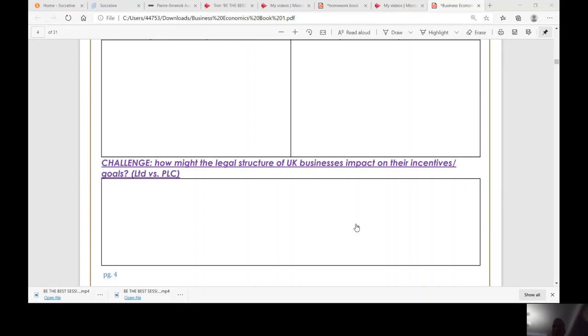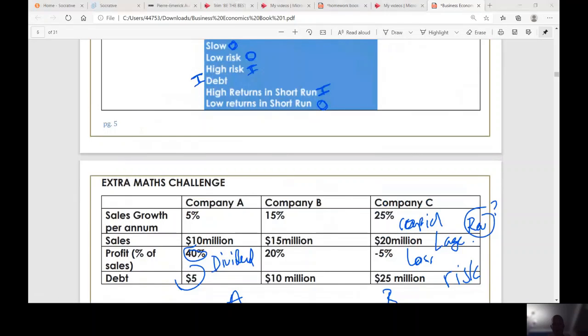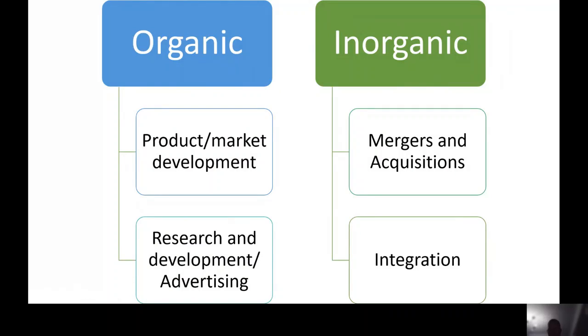We looked at profit maximization as an exam question first. Then we looked at organic and inorganic growth. We've also looked at the principal agent problem, and we've also looked at different types of integration.